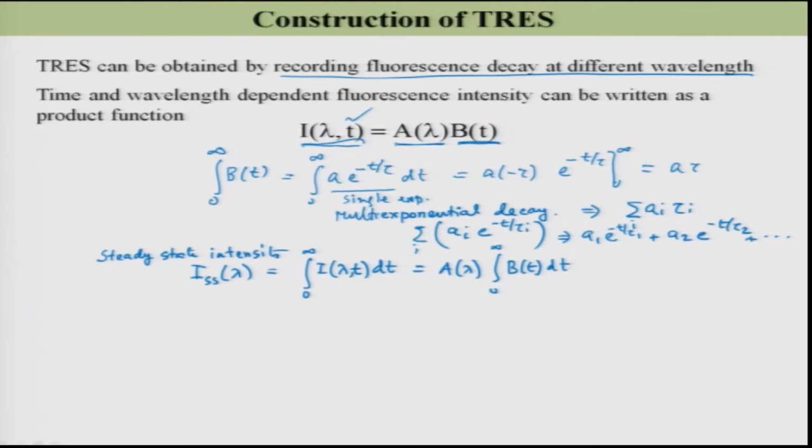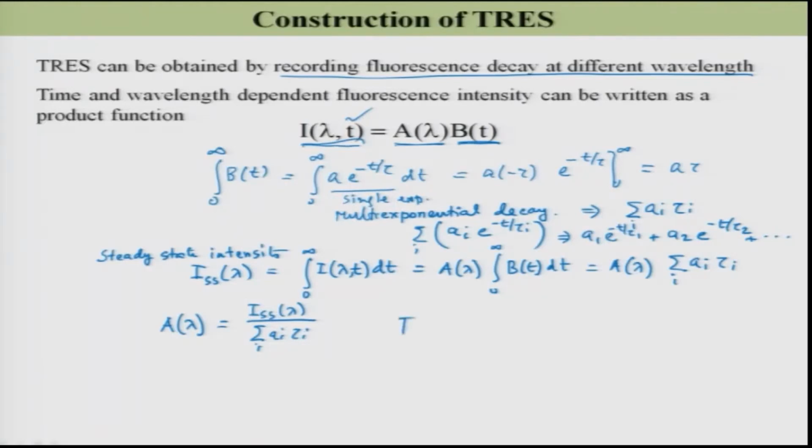So, this is nothing but a(lambda), a is a function of lambda, times the sum over i of a_i tau_i, right. If I want to calculate this a(lambda), I can write it as I steady state (lambda) divided by the sum over i of a_i tau_i from this relation, right.